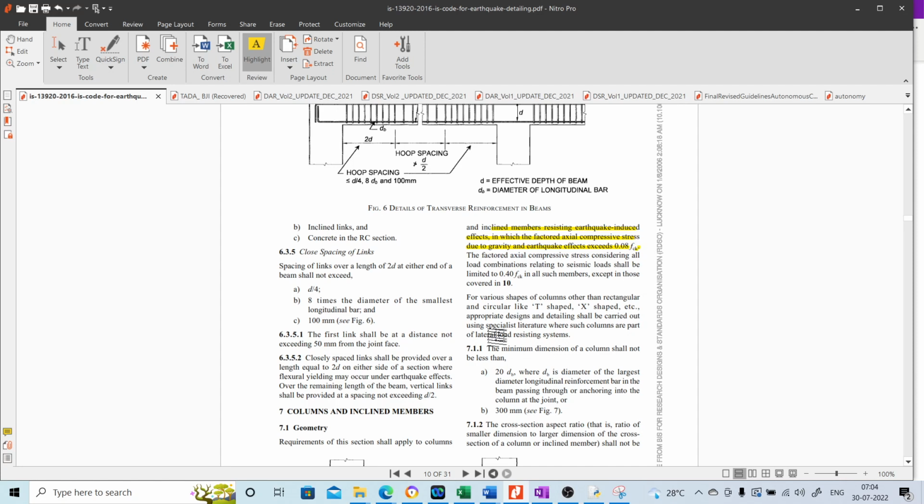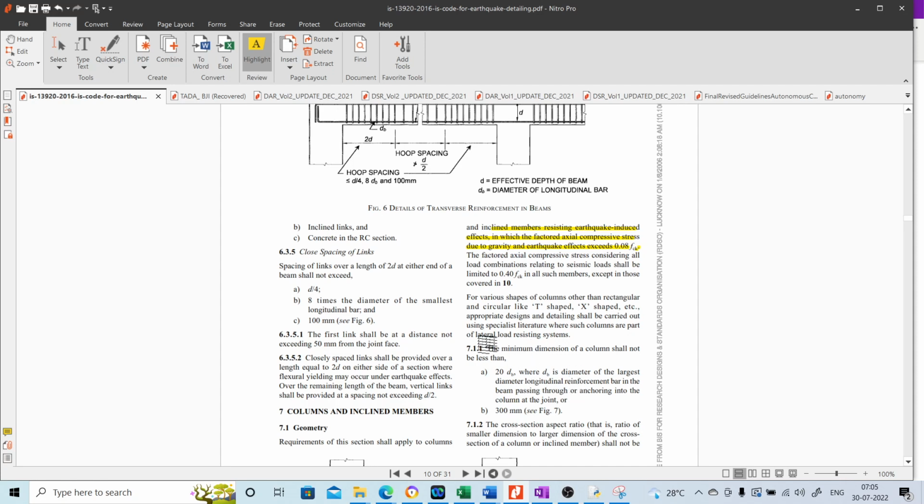And then there are certain minimum dimension values. Again, in case of column, you might be remembering we had preliminary dimensioning, where we had restrictions on the dimensions. For example, the width has to be greater than 200 mm. Similarly, the L by D ratio has to be greater than 0.3.